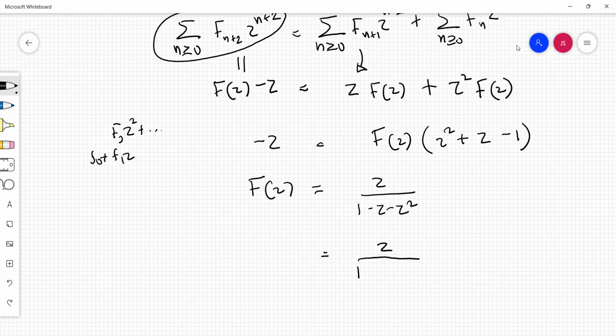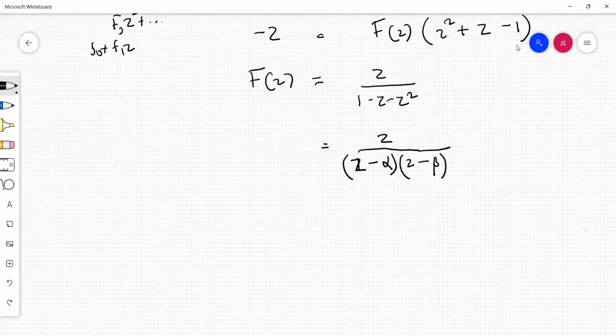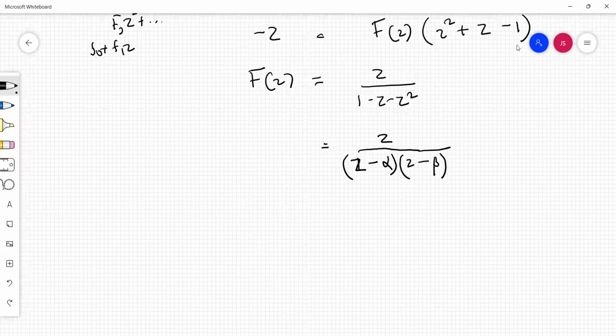Then you can factor this as Z minus alpha, and the other one, Z minus beta. Then use partial fractions, because 1 minus Z minus Z squared, with factors Z minus alpha and Z minus beta, equals A over Z minus alpha plus B over Z minus beta.